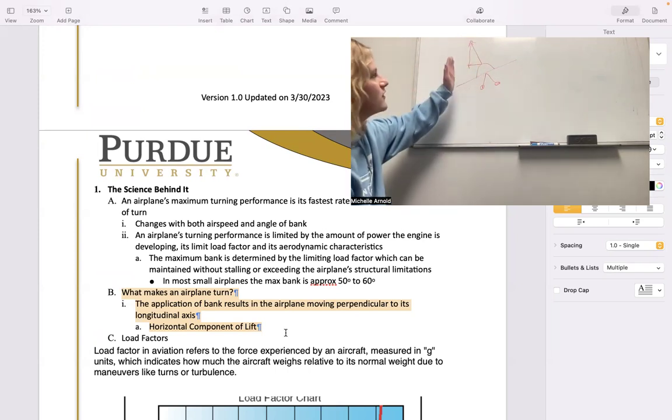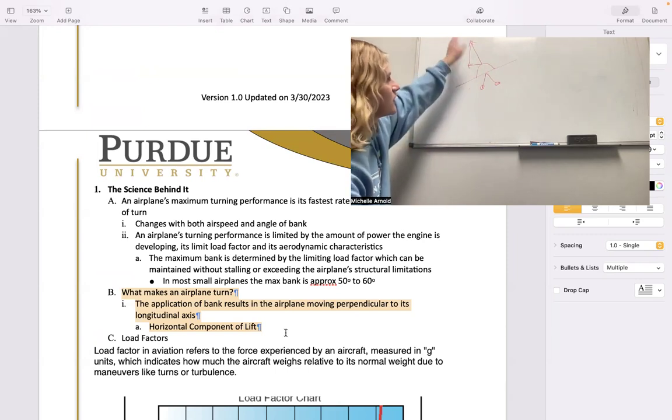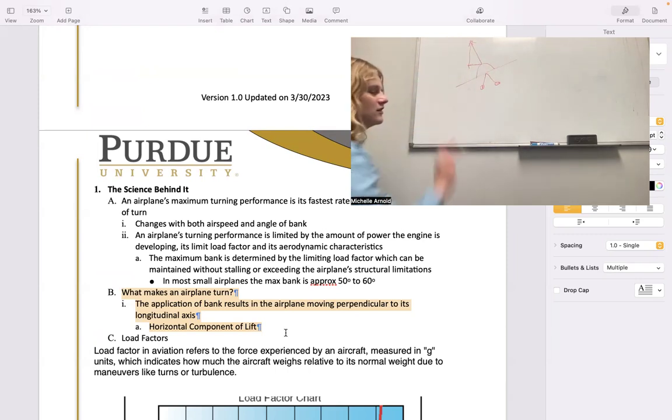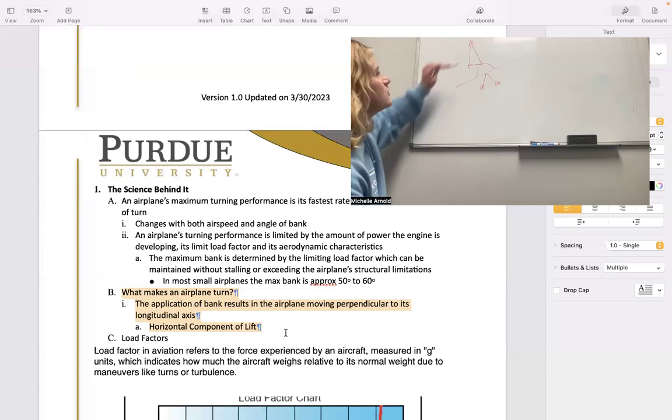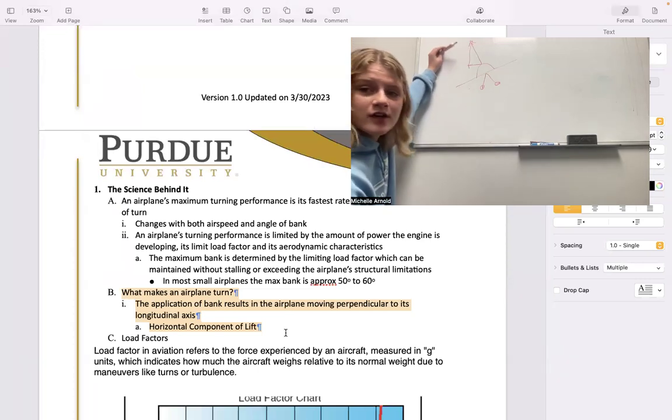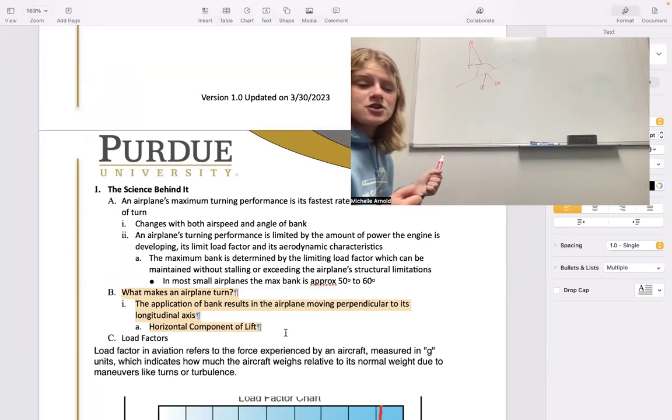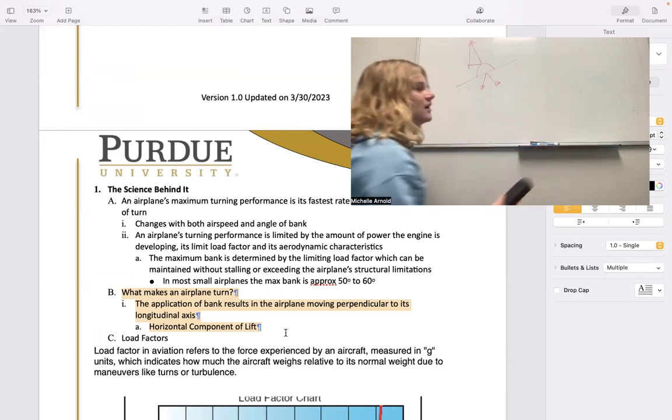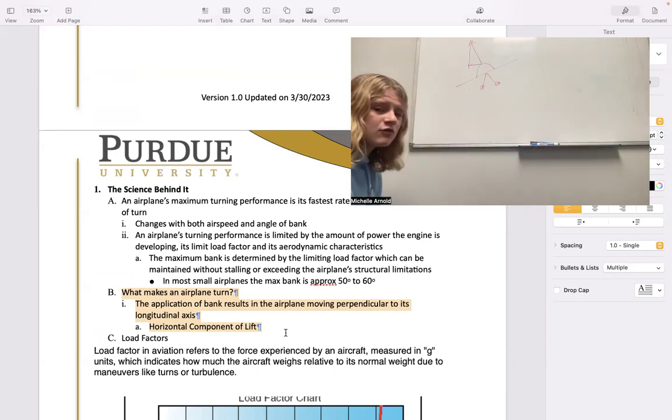The vertical component of lift is always going to go straight up from the earth, and this is going to be your horizontal component of lift. Since you have this horizontal component of lift, you now have less vertical lift. So you're going to need more back pressure to keep the plane from losing altitude.